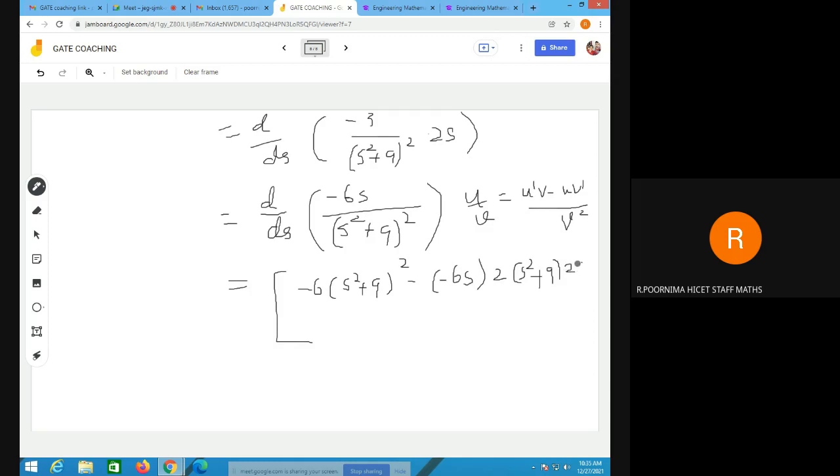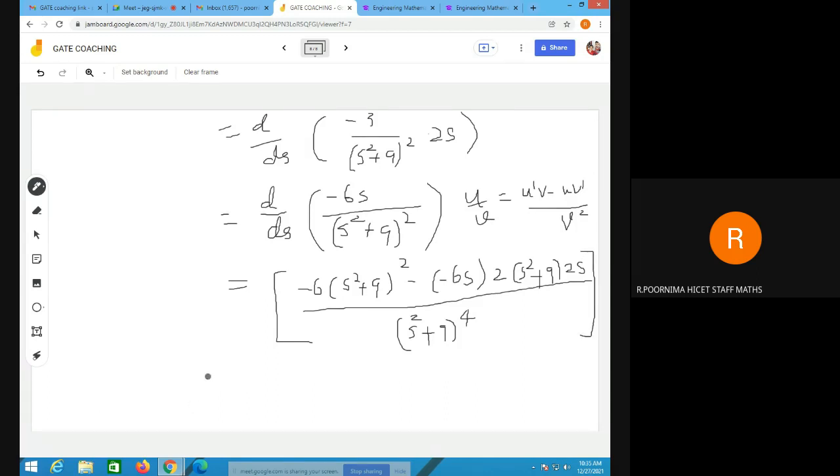This is the full differentiation. Whole divided by s square plus 9 whole power 4. That is the v square term.